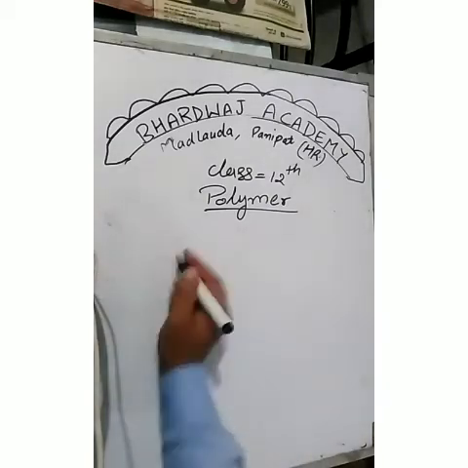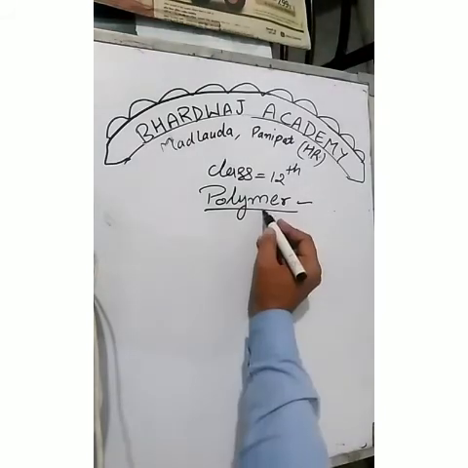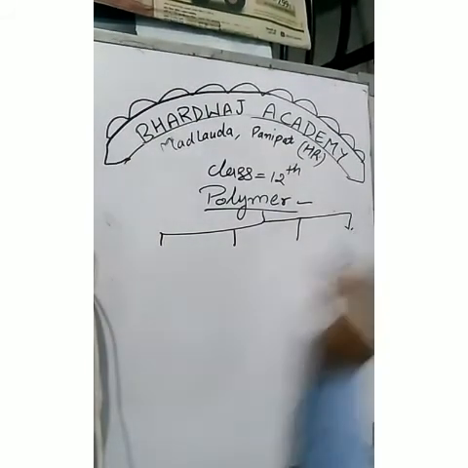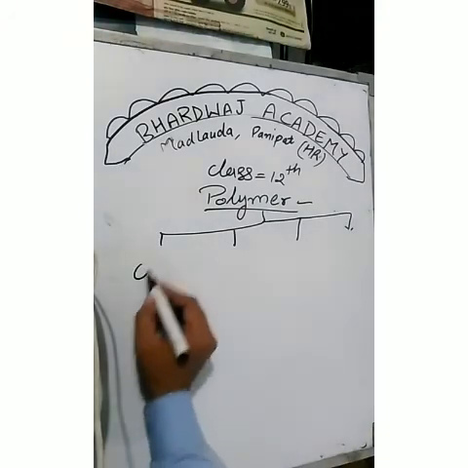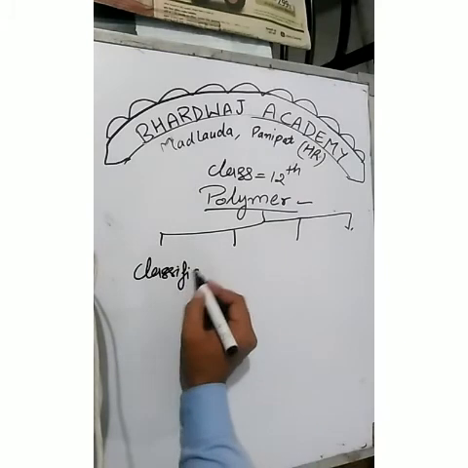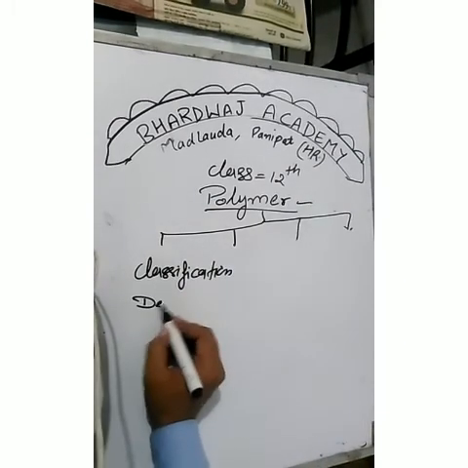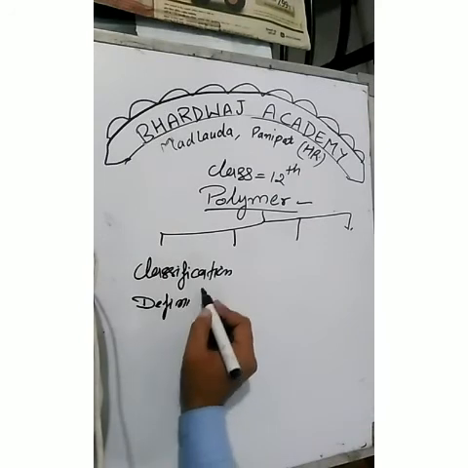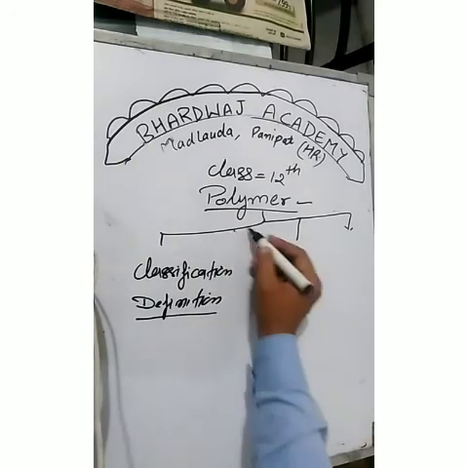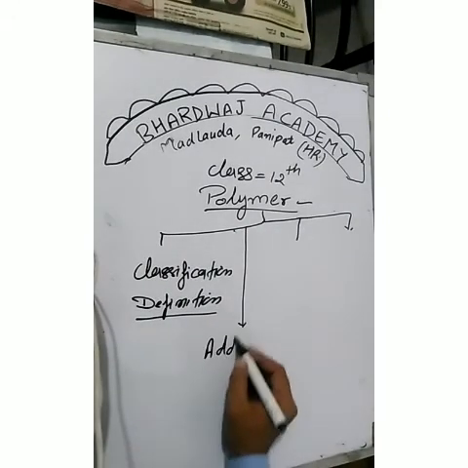Today we are going to discuss the unit polymer. The unit is divided into 4 parts. First part, classification and definition of polymer. The second part is about the addition polymer.